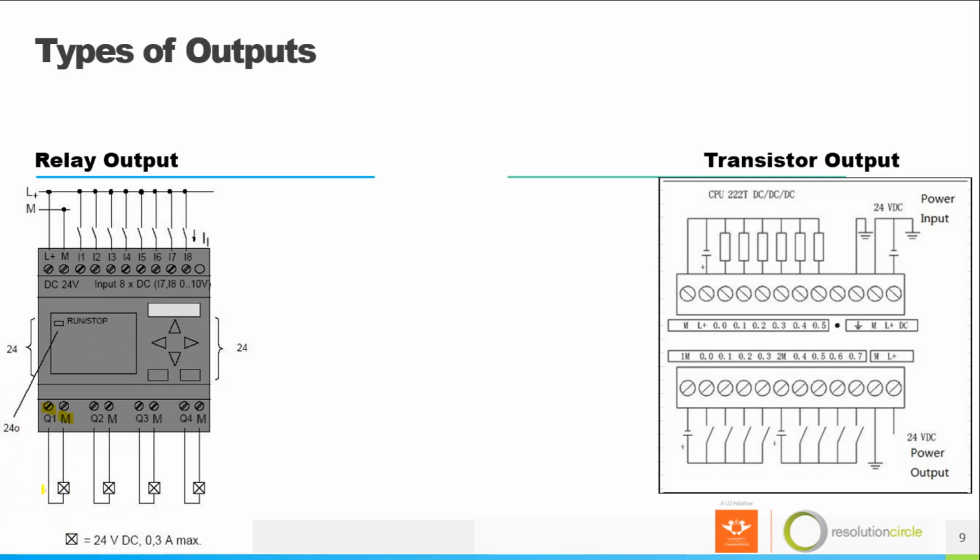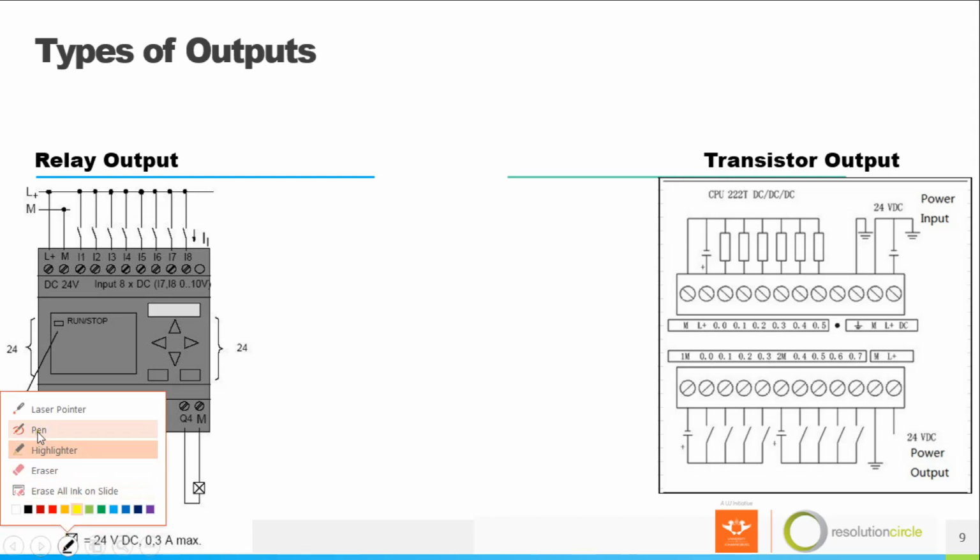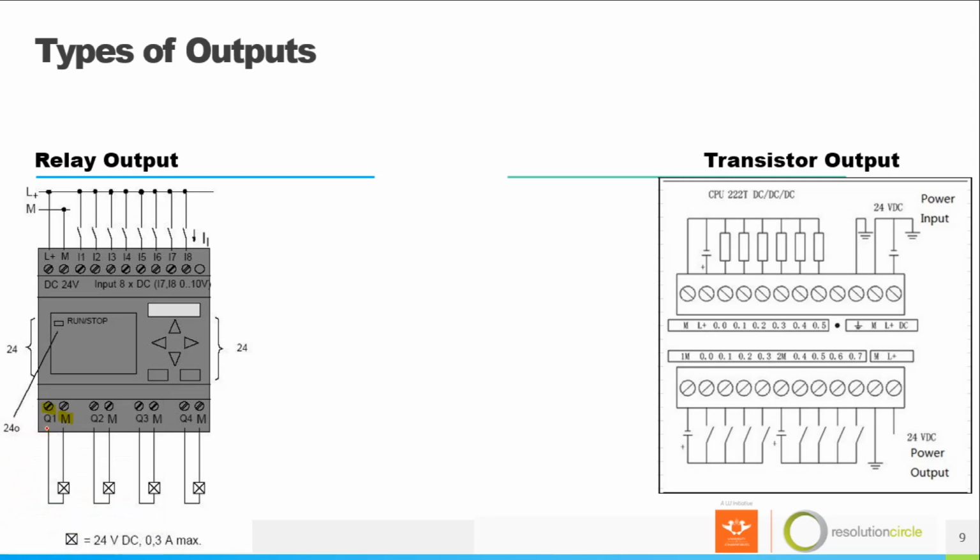Let's say on Q1 I want to control an LED that only requires 5 volts. For me to switch that LED on and off, I'll put a 5 volt power supply on my Q, then on my M I'm going to connect my LED and complete the circuit.